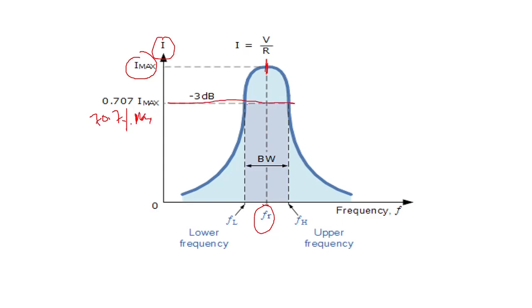If you take those points, you will get 2 frequency points, and that frequency range gives you the bandwidth, which is between FL and FH, or you can call them F1 and F2. So the bandwidth here will be equal to F2 minus F1, or FH minus FL.